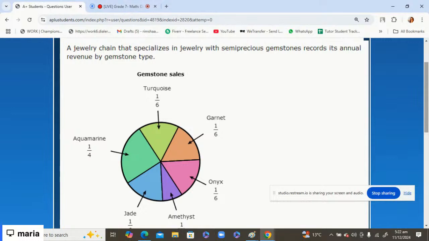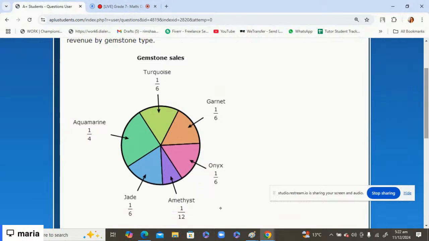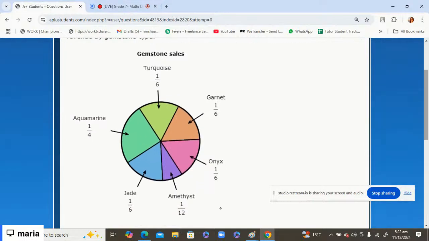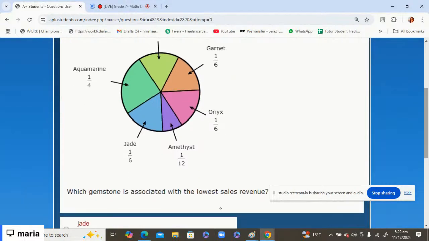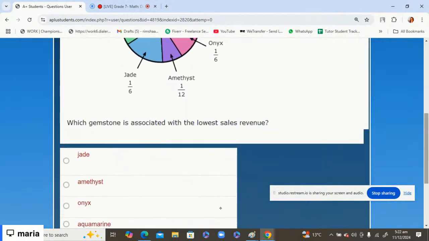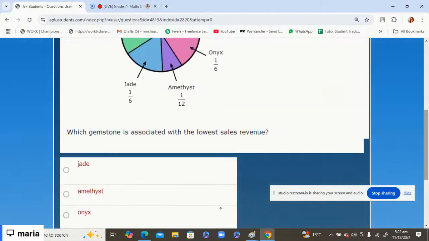Gemstone sales are given: garnet 1 by 6, onyx 1 by 6, amethyst 1 by 12, jade 1 by 6, aquamarine 1 by 4, and turquoise 1 by 6. Which gemstone is associated with the lowest sales revenue?